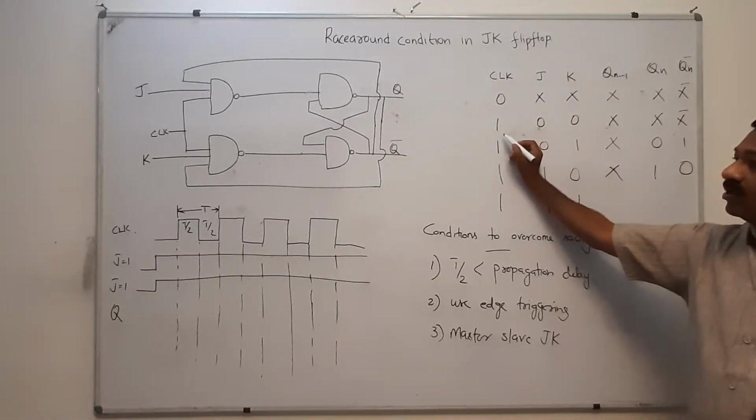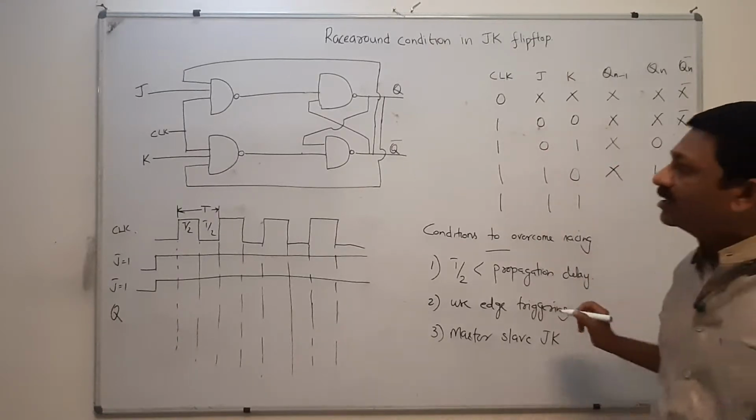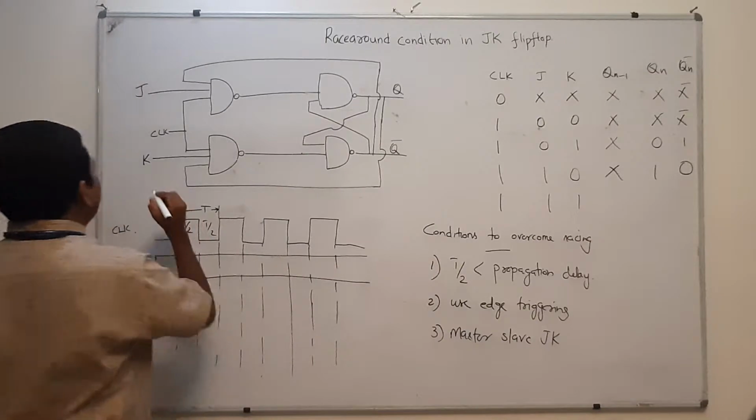Suppose the clock is 1, and the values of J and K are 0 and 0. What will happen?